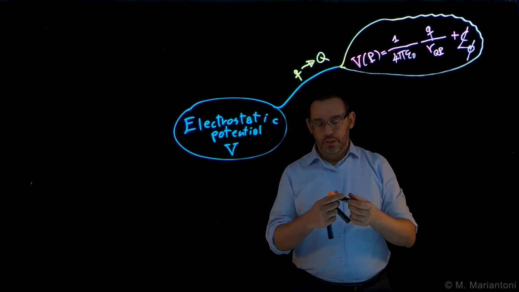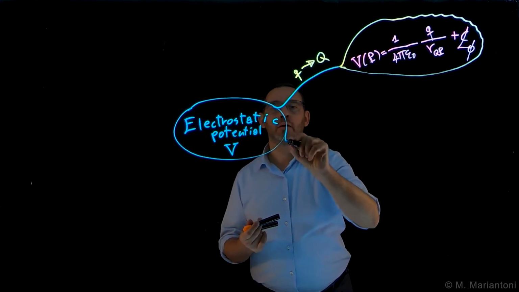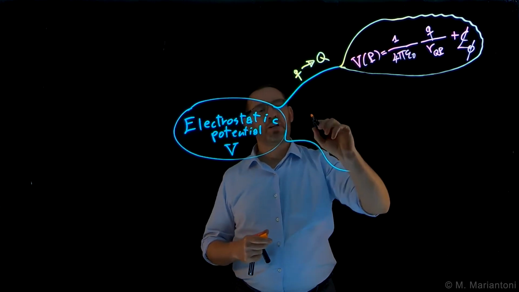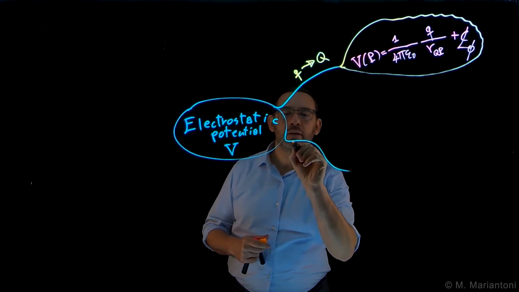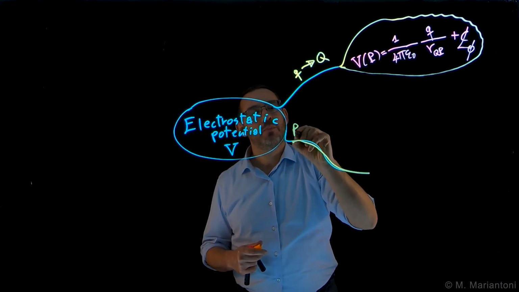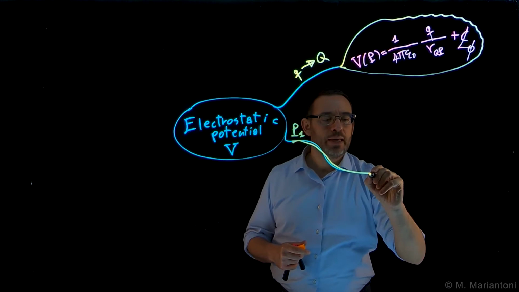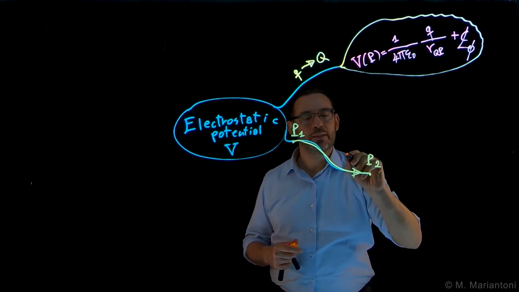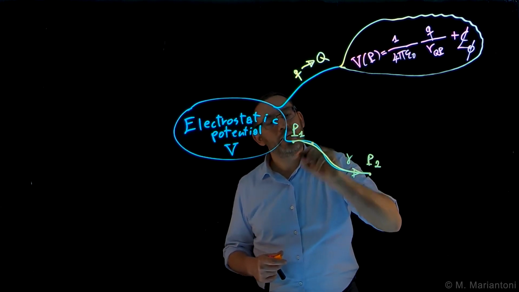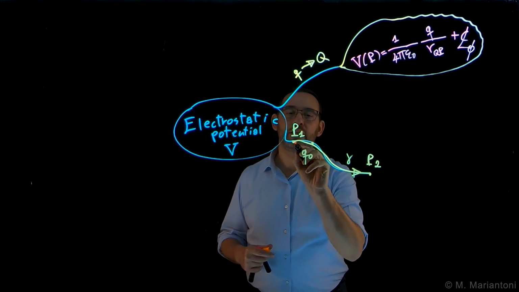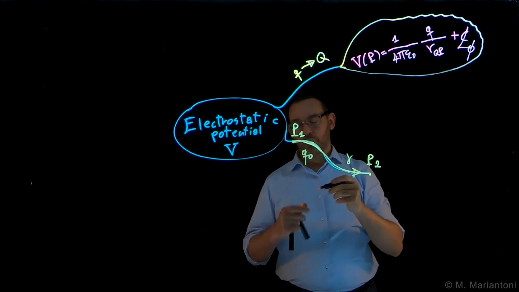So for example, if I intend to compute the work while moving along this line from a point capital P1 to a point capital P2 in this direction, and this is my line gamma, and here I place a test particle with charge Q naught, which I intend to move along this line, okay?